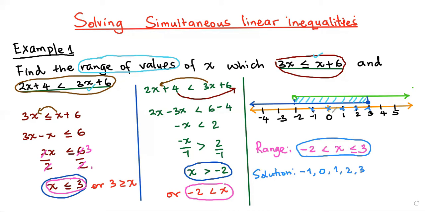But also don't forget that the decimals are also solutions. For example, 2.5 is okay, 1.5 is okay, 0.5 okay, negative 0.5 okay. So also the points that are between these values are the solutions. Okay, I hope that is okay.